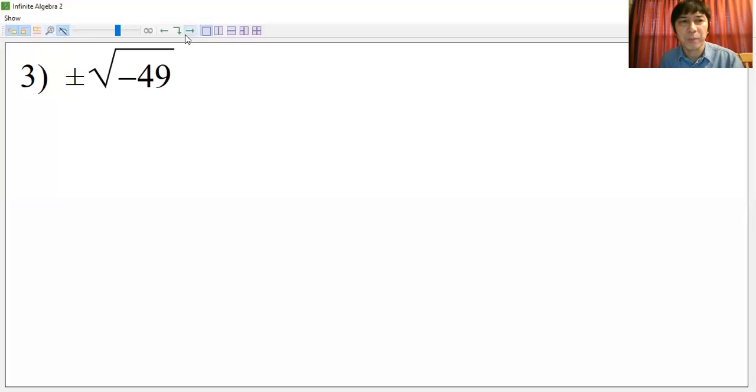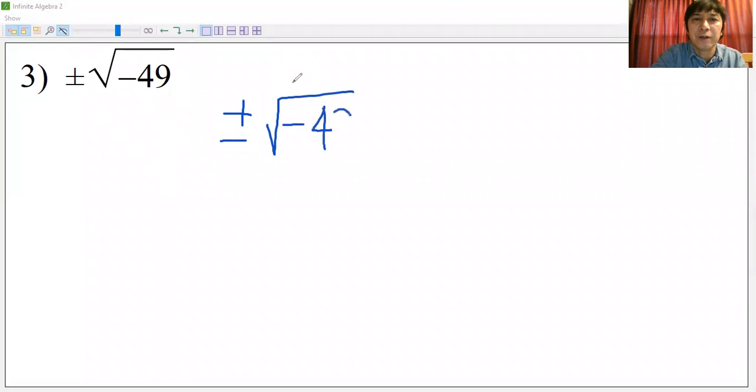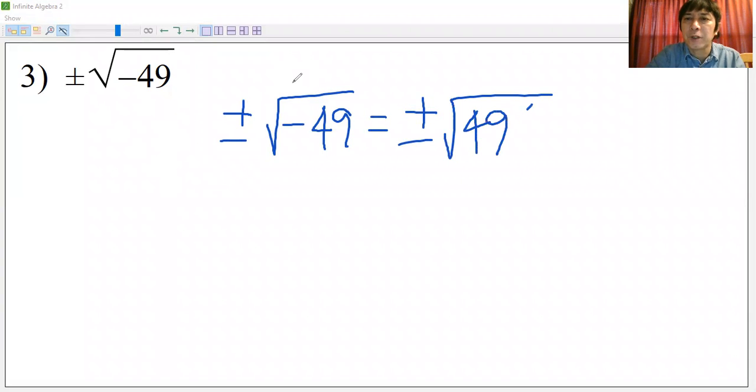Okay, here's number 3. Plus or minus square root of negative 49. What is plus or minus square root of negative 49? This is plus or minus square root of negative 49. And this is plus or minus square root of 49 times negative 1. There.